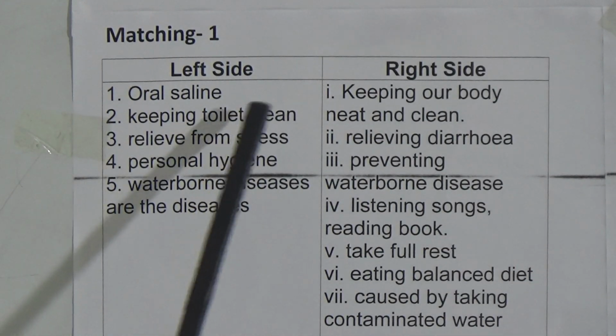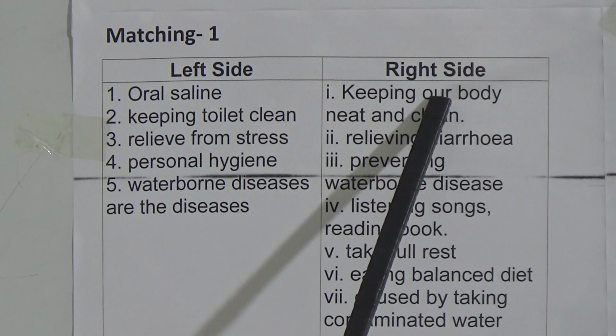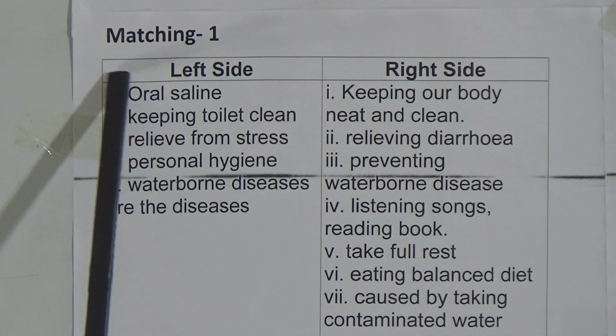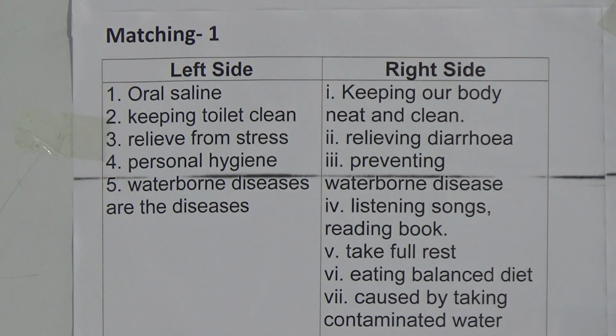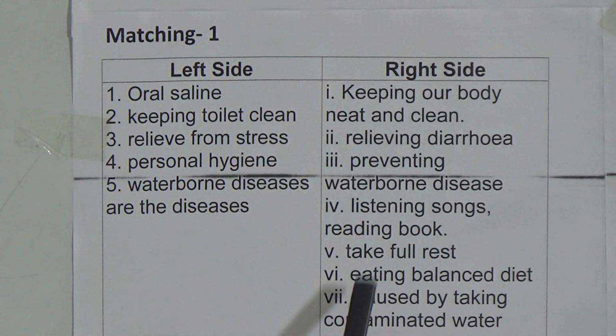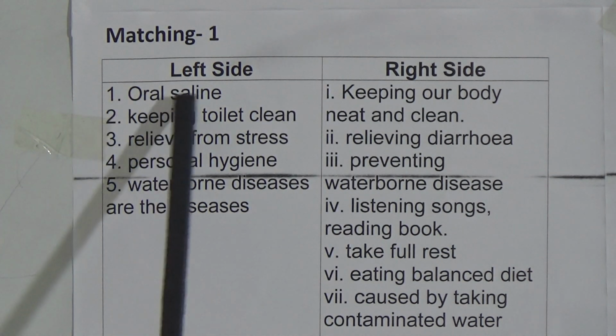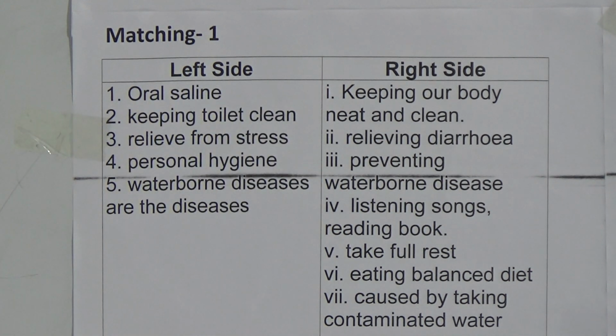At first see, in this box here is the left side and right side. In the left side, in your exam, there will be 5 points, and in the right side there will be 7 points. But we will match 5 matchings from here. Let's do this.